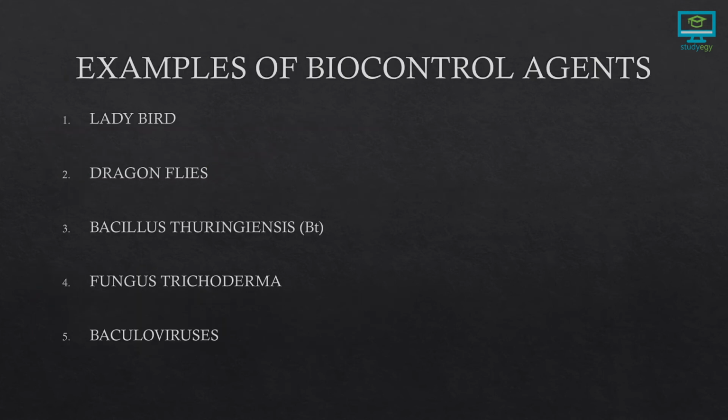Now examples of biocontrol agents. Here we learn about five different types of biocontrol agents. Number one, ladybirds. These ladybirds are used to eradicate aphids, which are a type of insect that destroys crops. Next, we use dragonflies to get rid of mosquitoes. Next, we have Bacillus thuringiensis, a type of bacteria.